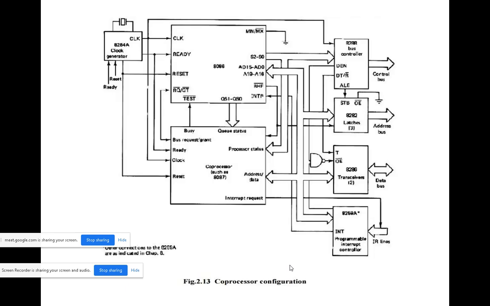சரியா? So this is the diagram of co-processor configuration. இது co-processor configuration ஓட architectural diagram.